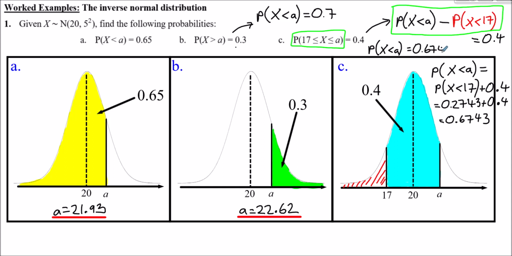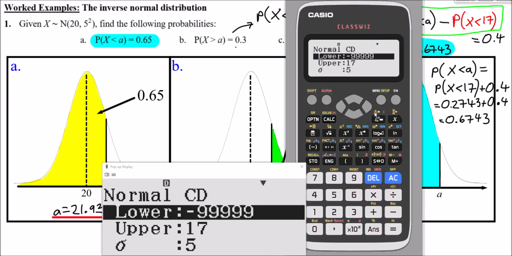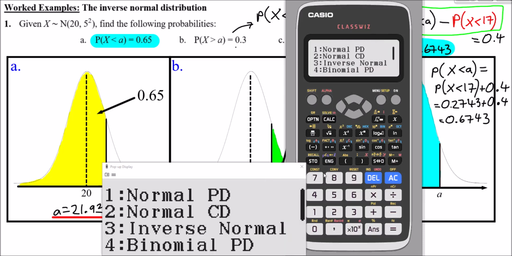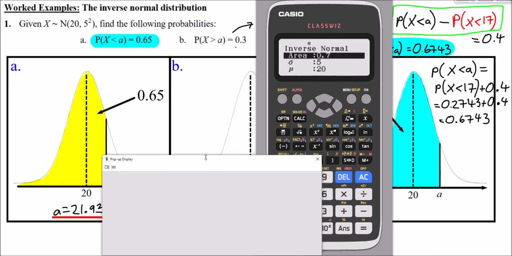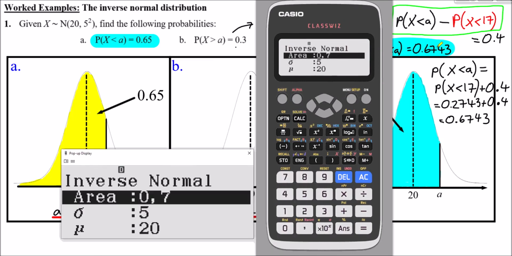0.6743. So as you can hopefully see now, I've got it into the form which looks the same as the other ones we've done before, just a different number. So now I can use the inverse normal, like for part A and part B. We do menu, option 7, option 3, and now our p-value is 0.6743.